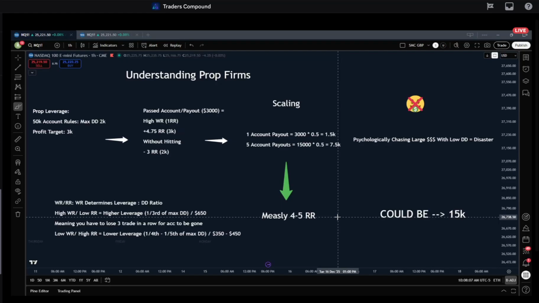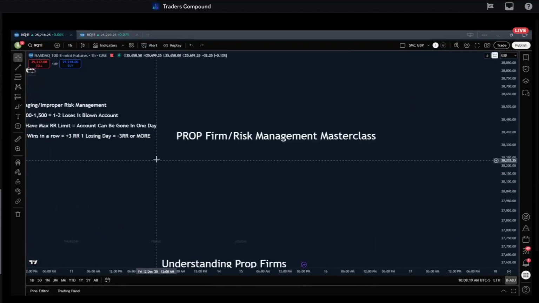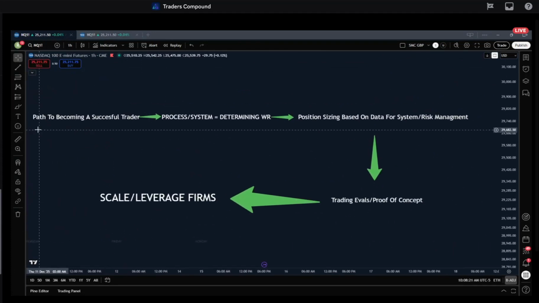So this is a visualization of a very, very realistic outline for what becoming a successful trader looks like, okay? Of course, this was overly simplified, but to be honest, that's kind of what this program does. Like I said, you cut out 75% of the work.